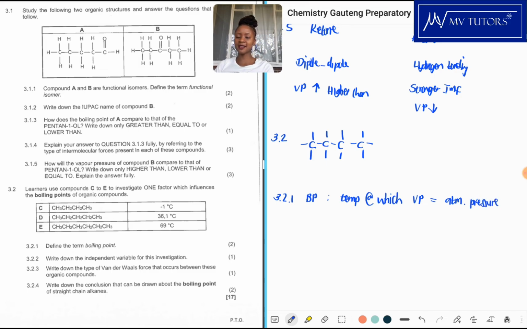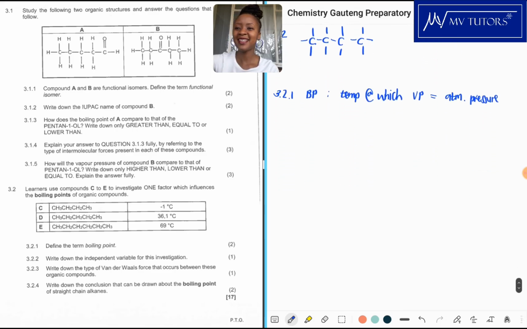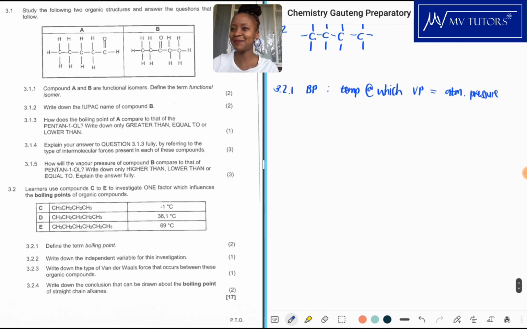Back in grade 9 we would say that boiling point is the point where your liquids turn into gases, but we have upgraded from that definition. Basically it's the temperature at which your vapor pressure is equal to your atmospheric pressure.